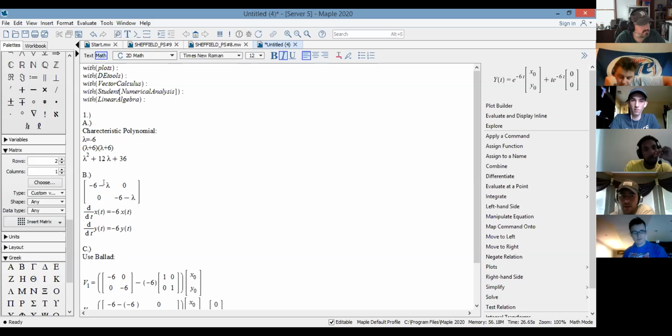So we backtracked even further, and we had -6 minus lambda as part of our modified coefficient matrix. And since it was plus 36, lambda plus 6 already gave us 36. We couldn't have anything on the end. So we had 0, 0 for those two parts. And this is what we got for our d's for part B: dx/dt equals negative 6x(t), and dy/dt equals negative 6y(t).